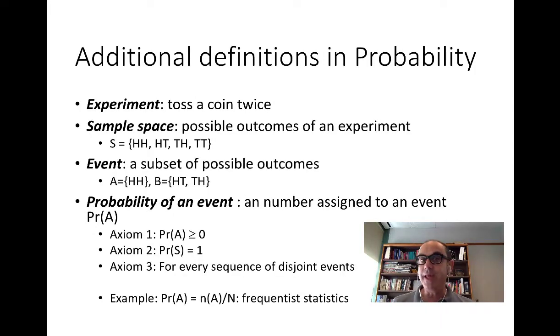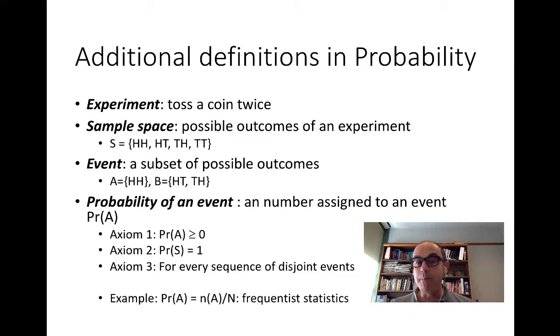In this case, we have the experiment, toss a coin twice, and we have the sample space, the possible outcomes of the experiment, and we have an event. Each event is a subset of possible outcomes, in this case HH, TH, etc.